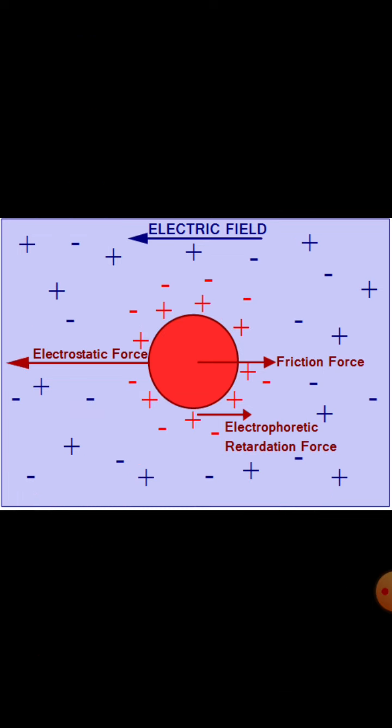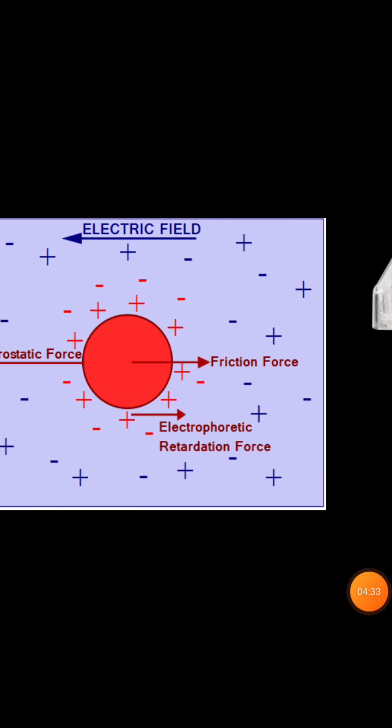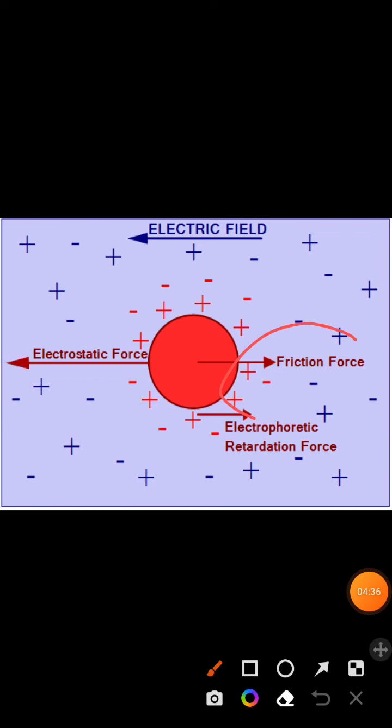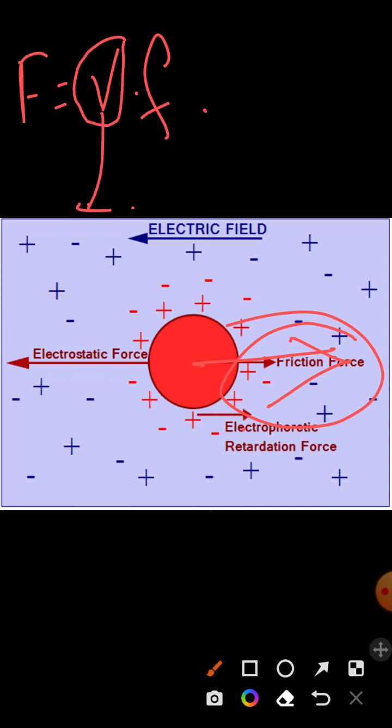Now the resulting migration of the molecules through the medium under the influence of an electrical field is opposed by frictional force. That means frictional force works in the opposite direction to oppose the speed of the migration. This frictional force is F equal to v times f, where v is the rate of migration of the molecule, and f is the frictional coefficient.